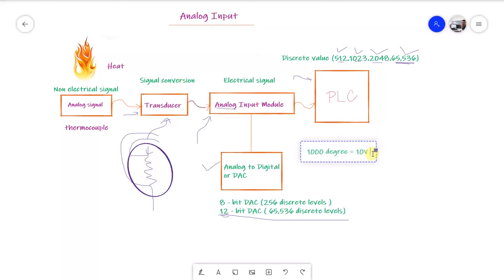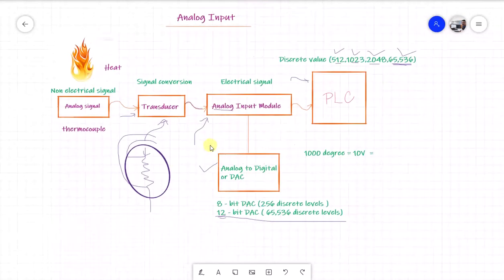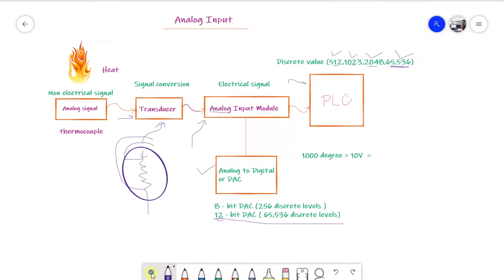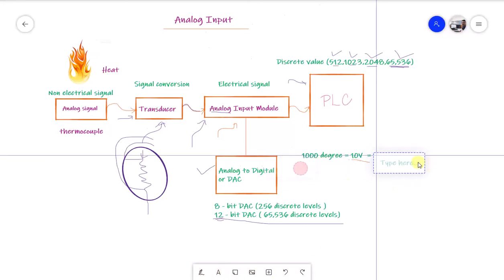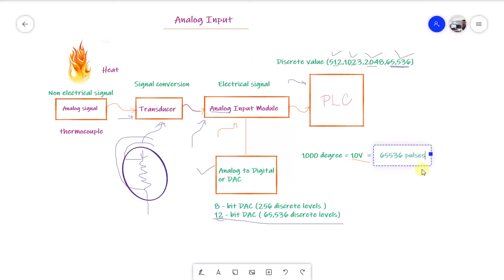So what happens when it is 10 volt? This analog module will give you 65,536 pulses.